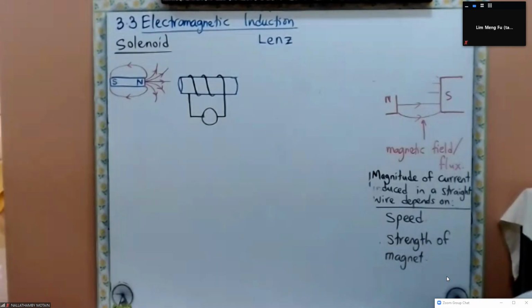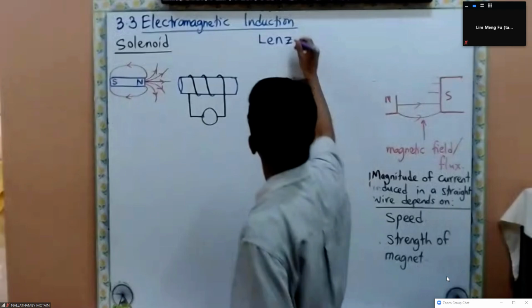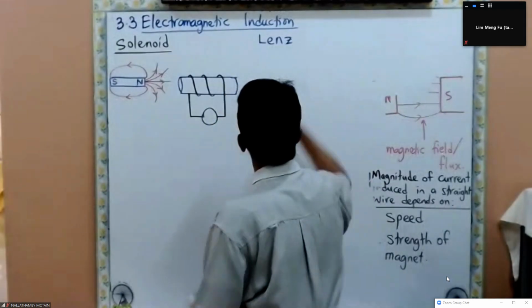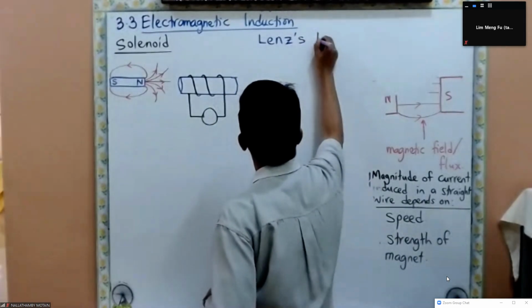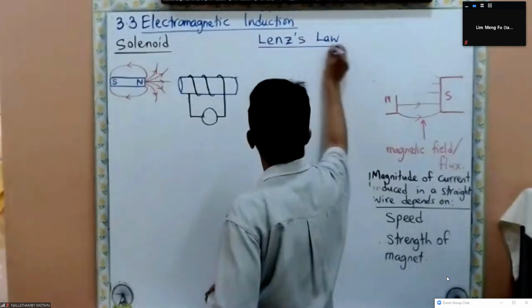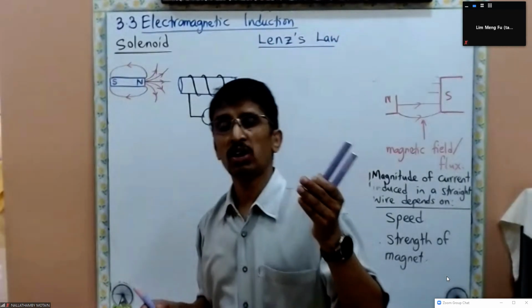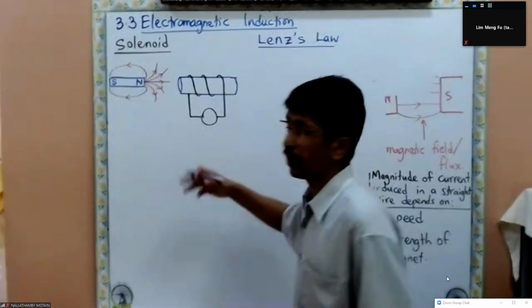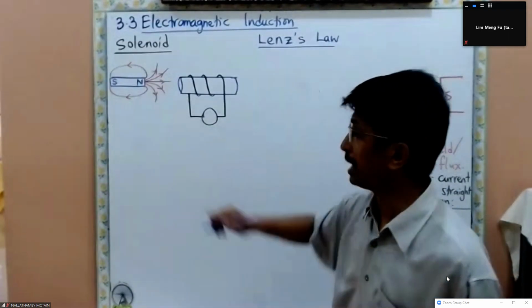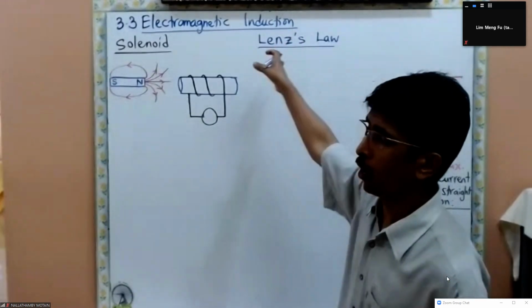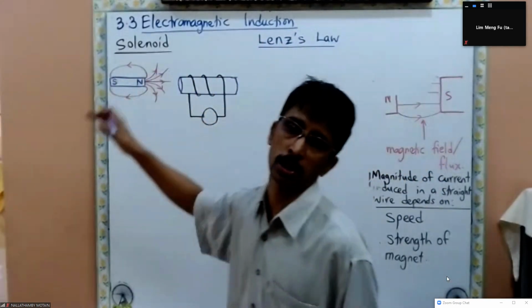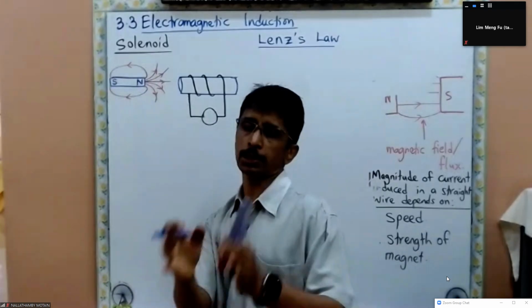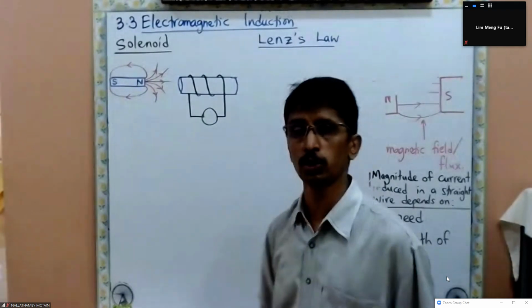Don't write L-E-N as here. So, Lenz followed by apostrophe S, Lenz's law. Fleming's right-hand rule is used to identify the direction of induced current in a straight wire. But in a solenoid, follow what is stated by Lenz's law. Lenz's law is specific to identify the direction of the induced current in a solenoid.